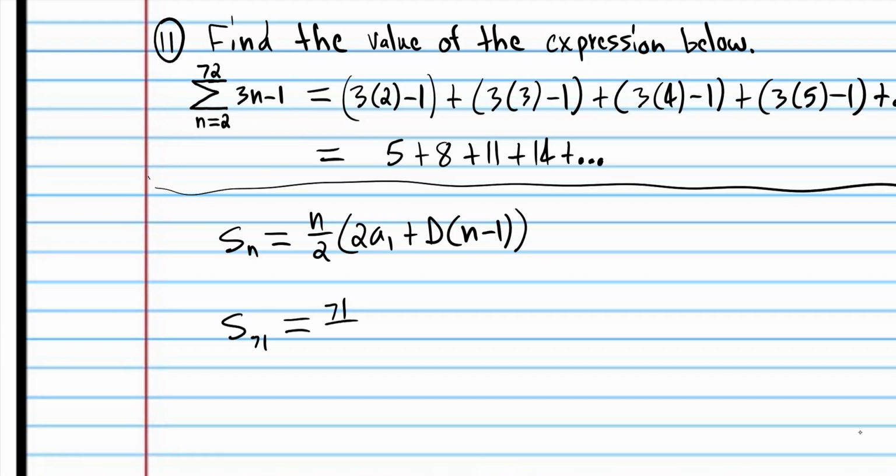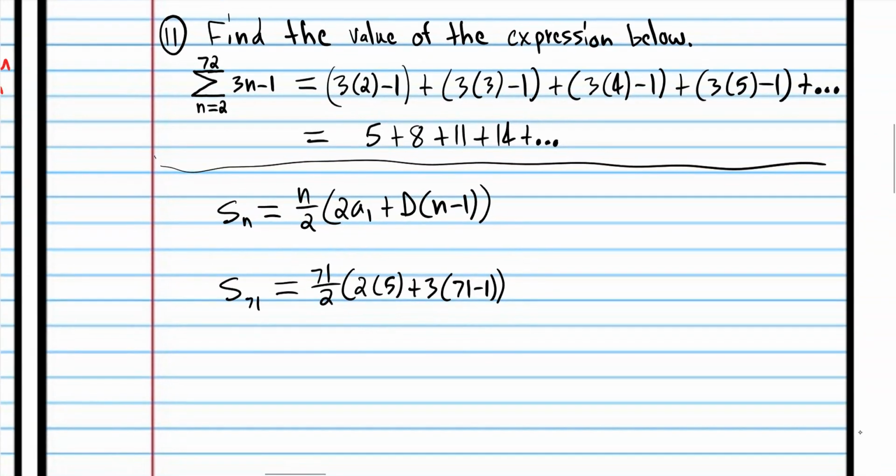So n is 71, and the first term is 5. Whoops. 2 times 5, that should be. The common difference, obviously, is 3, and n is 71. So now all we have to do is simplify that expression, and we'll have our answer.